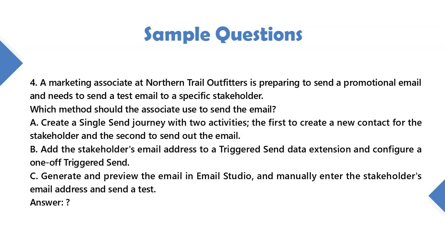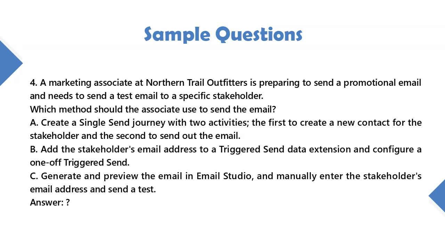4. A marketing associate at Northern Trail Outfitters is preparing to send a promotional email and needs to send a test email to a specific stakeholder. Which method should the associate use to send the email? A. Create a single send journey with 2 activities.